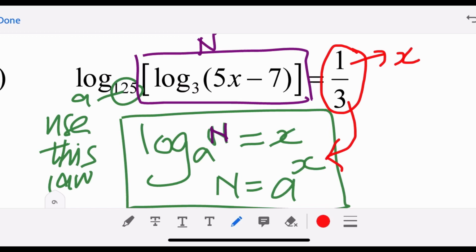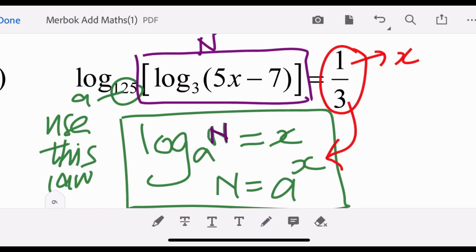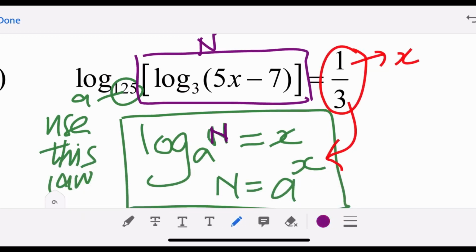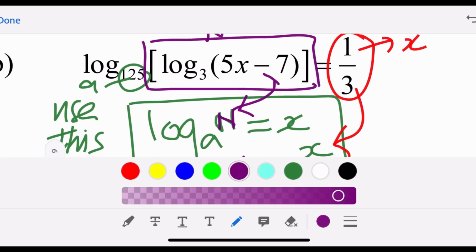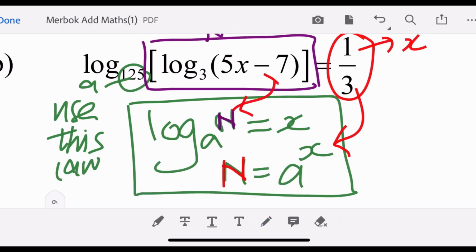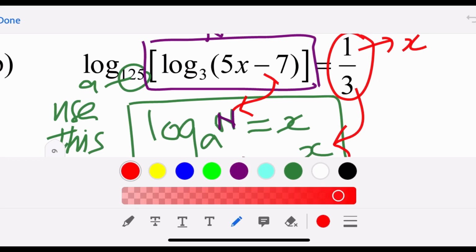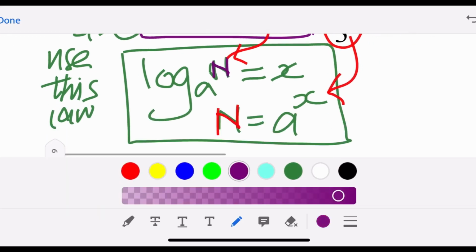Okay, so we follow the law. When we do logarithm, we have to follow the law of logarithm. Alright, so let's see, n is log base 3 of 5x minus 7. So now let's copy down log base 3 of 5x minus 7, and then the base is 125, right?